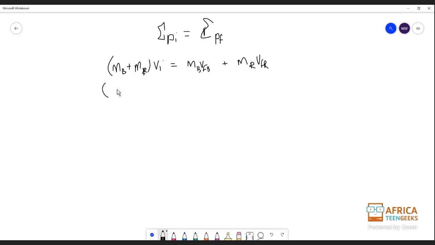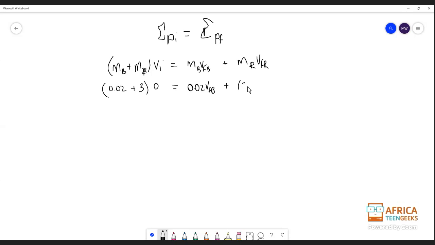So your bullet is 20 grams, so it's 0.02, plus your rifle is 3 kgs, so you put that in. Originally, both of them are stationary, so it's just 0. Then once you have shot the gun, the mass of your bullet remains 0.02, and we are trying to calculate its final velocity.